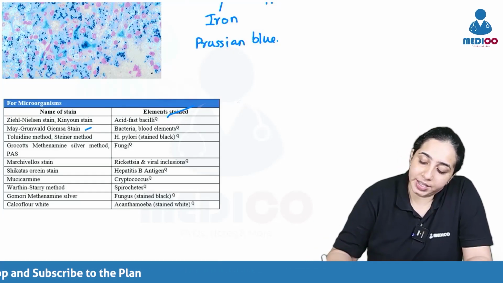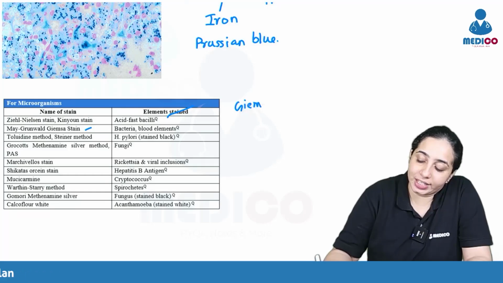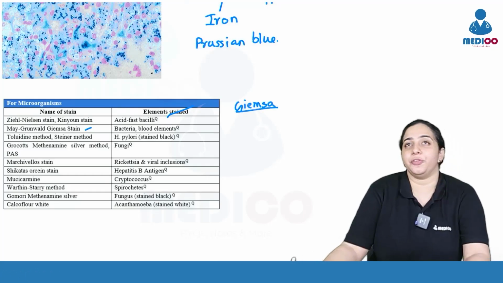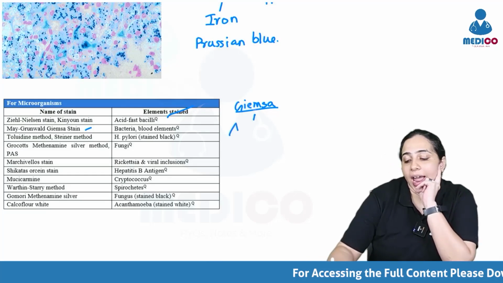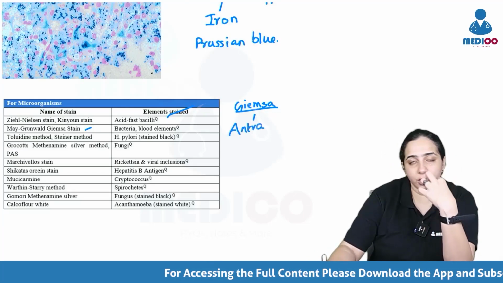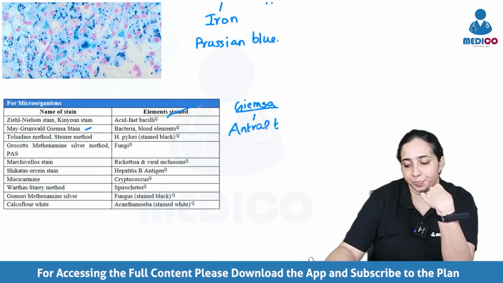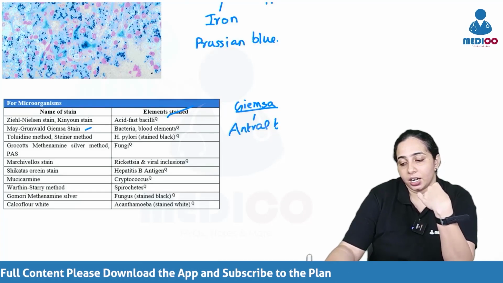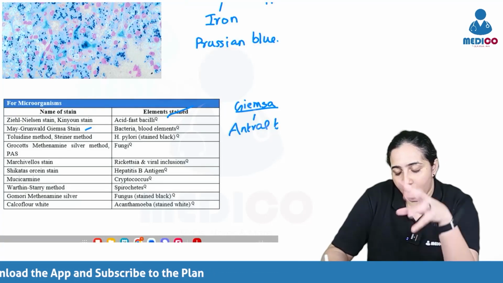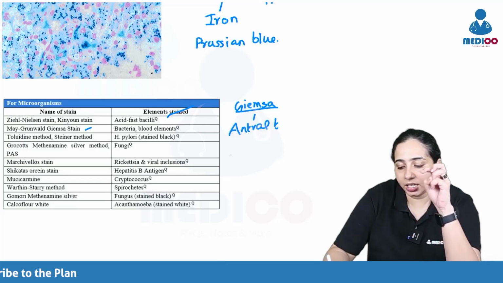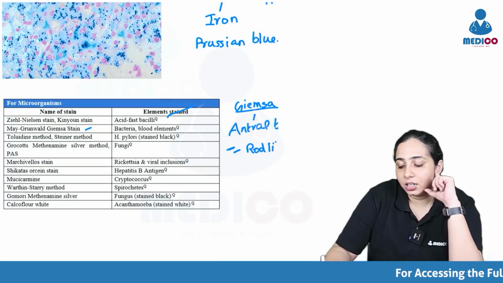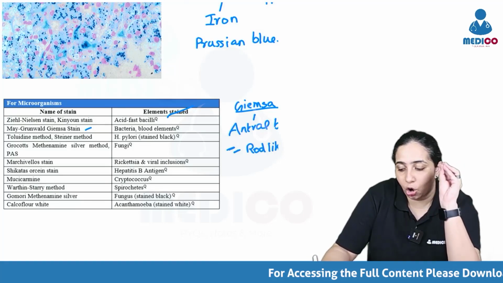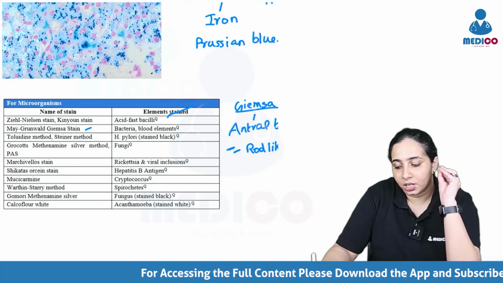As far as a question is concerned, how the question is going to be framed is, there is a patient who has had an antral biopsy, that is an endoscopic biopsy from the stomach, and in that biopsy in H&E you see tiny rod-like organisms.